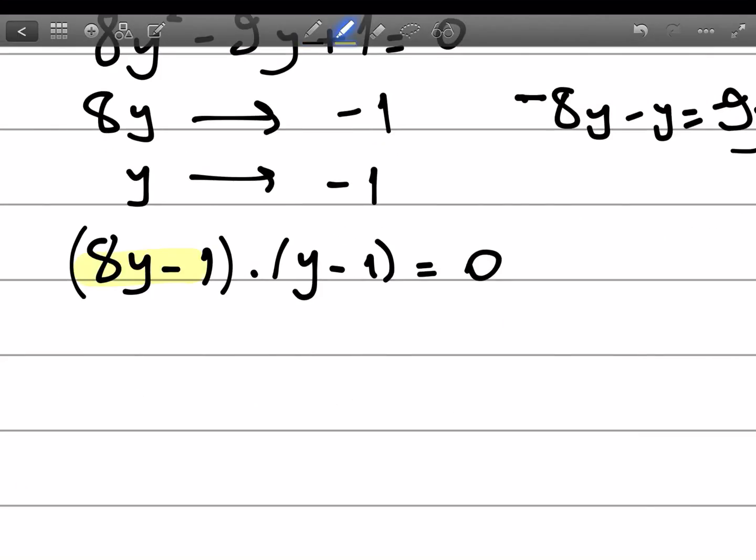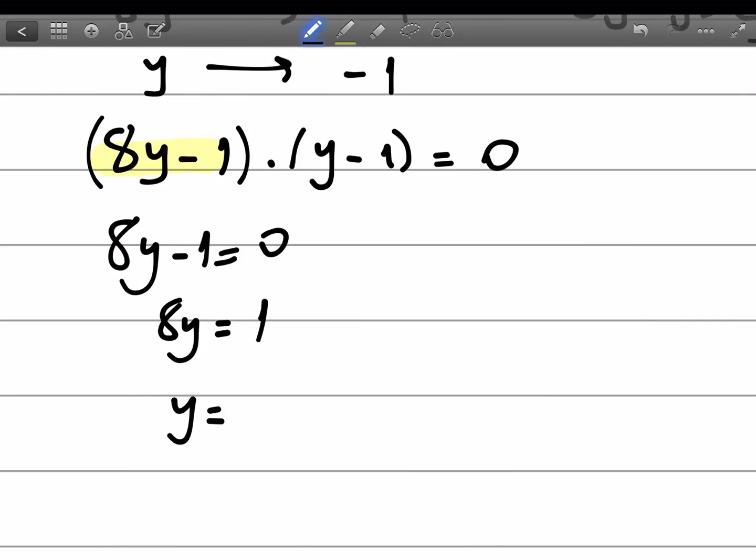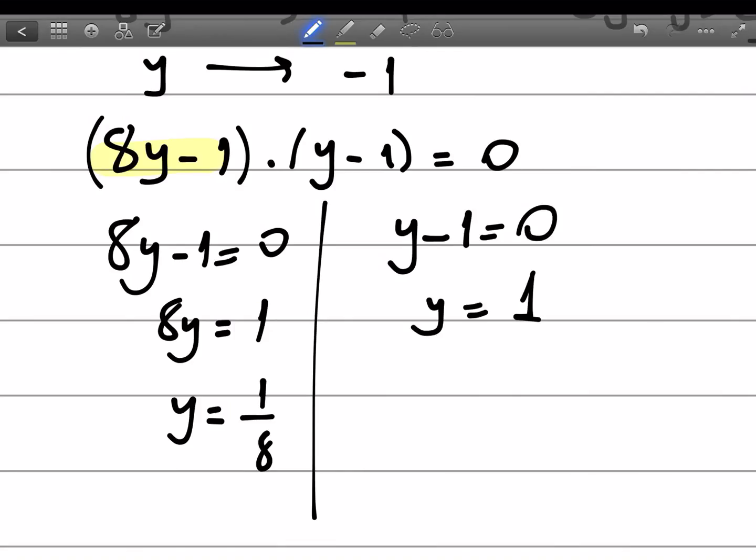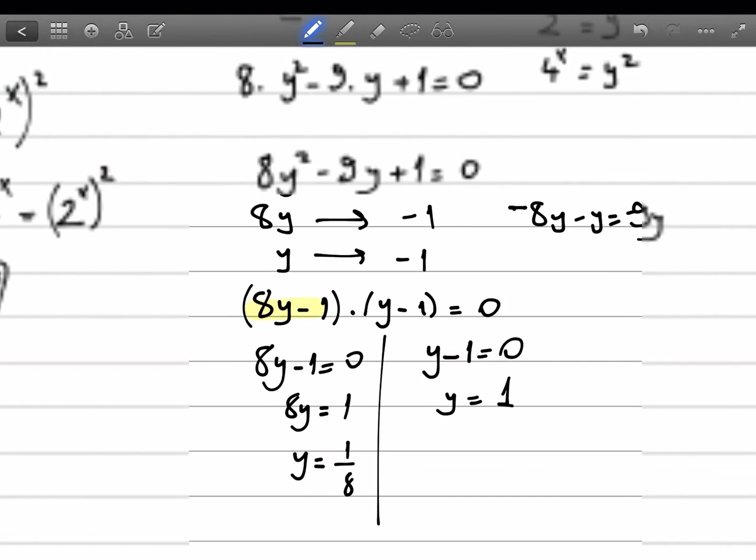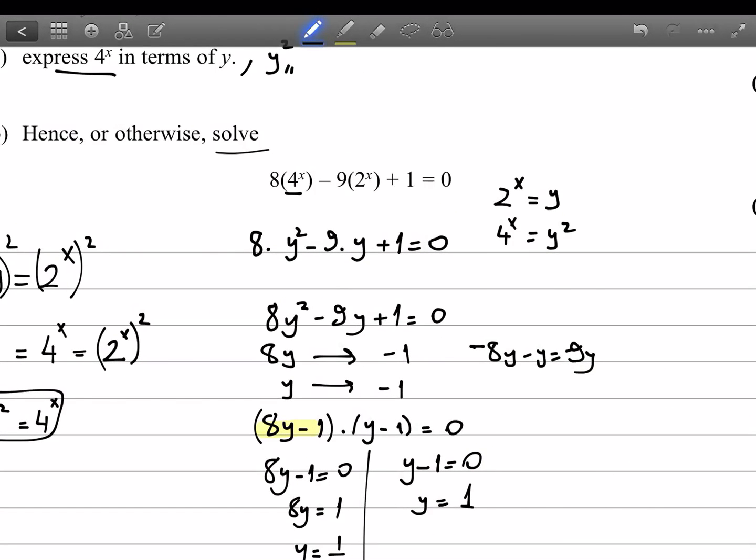Then it means 8y minus 1 should be 0, 8y should be 1, y should be 1 over 8. Or y minus 1 should be 0, y should be 1. And we have to solve for x because we changed the unknown.